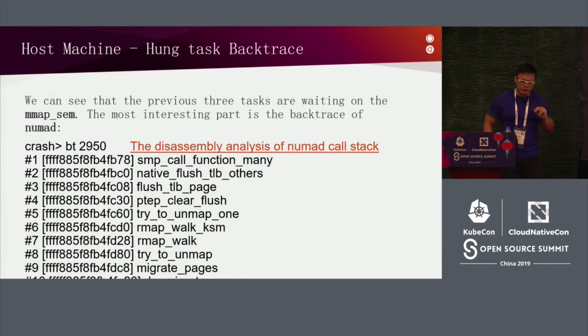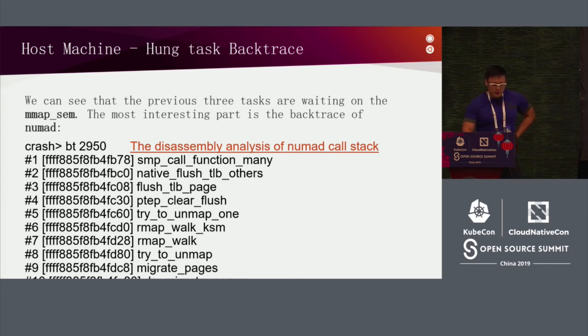And this is the most important part. The client told me that when I enable NUMAD, there was something happening. In the beginning, we won't think too much. You may think that NUMAD has nothing to do with it, but it has something to do with it. So we find the backtrace.